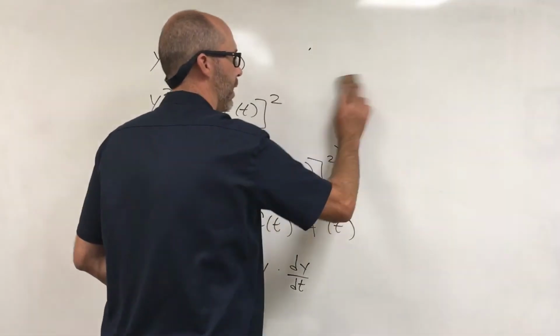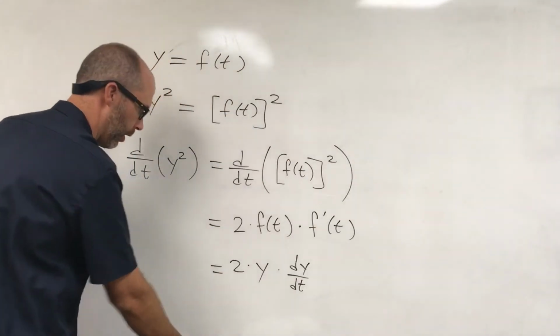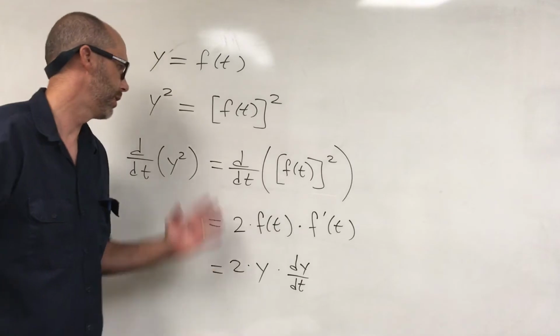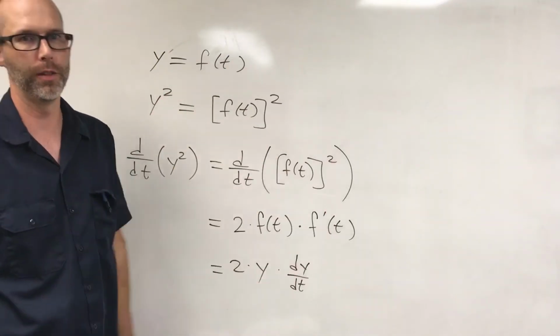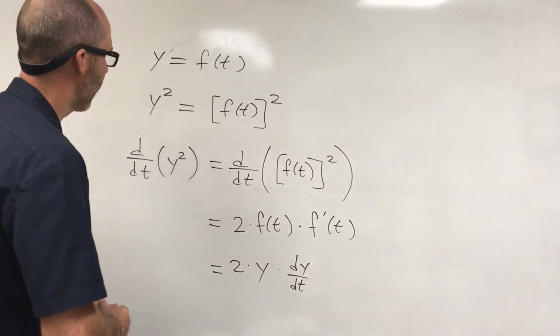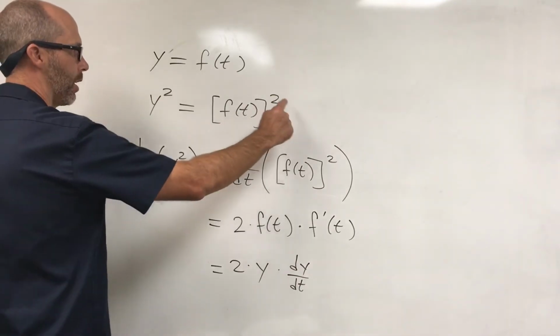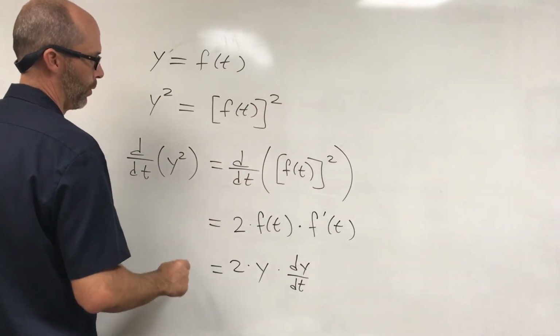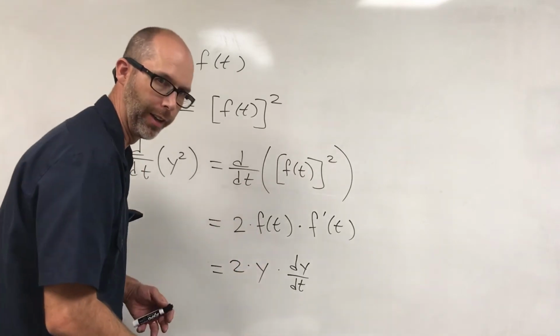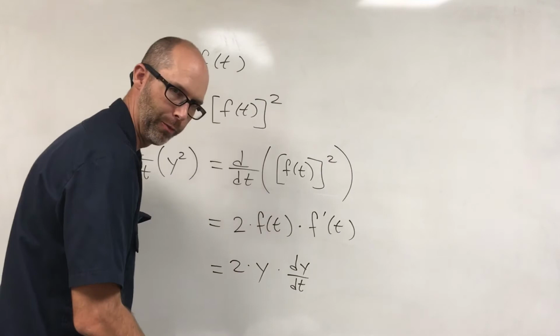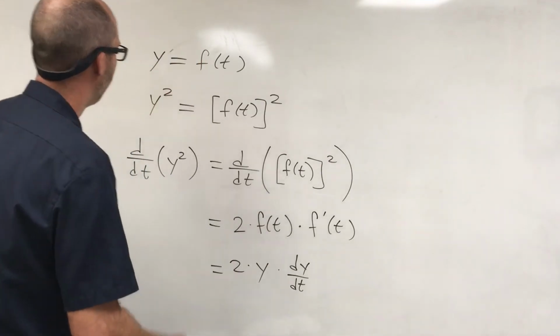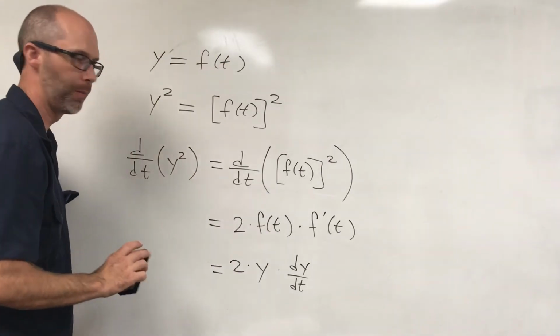So the upshot here is that this is all notation. It is all notation. And if we had to write things like f of t squared like this, we'd have a mess on our hands, okay? So we try and alleviate the mess by just saying that y is a function of t, all right?